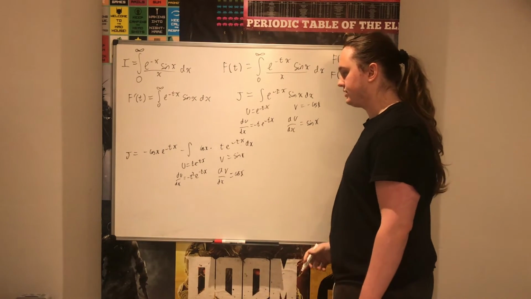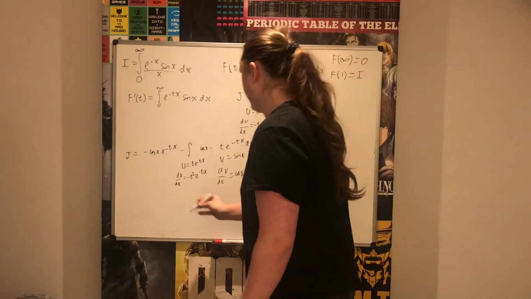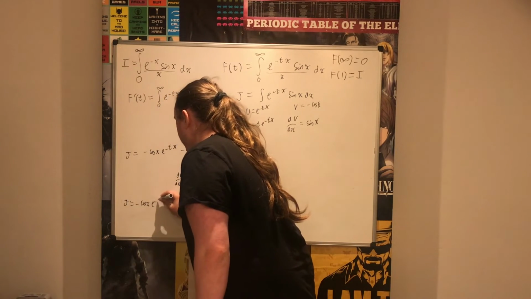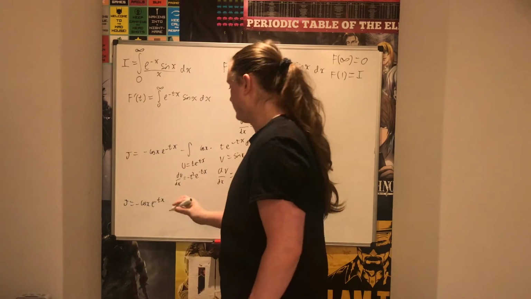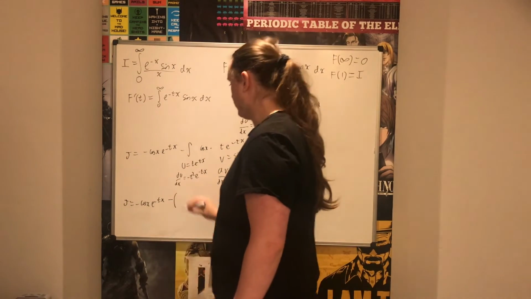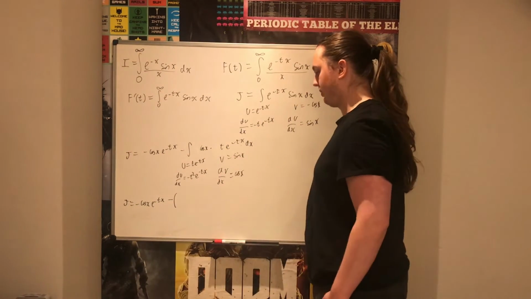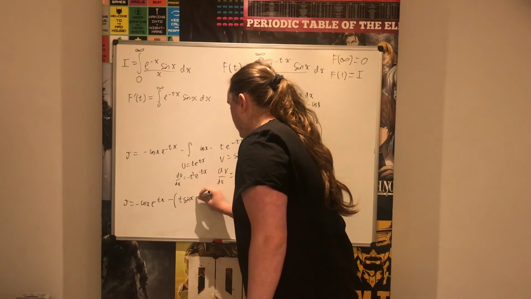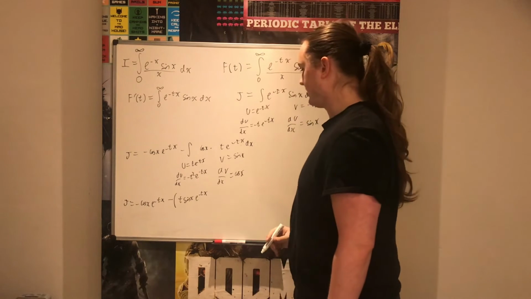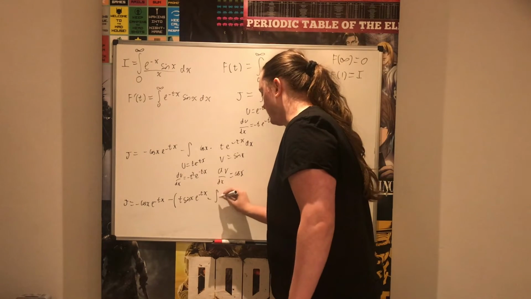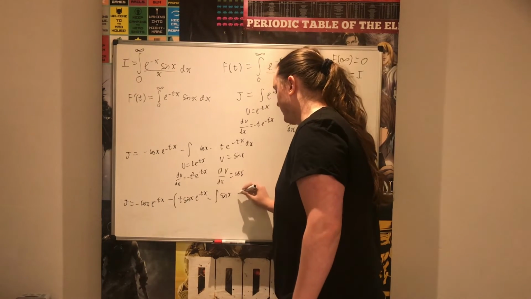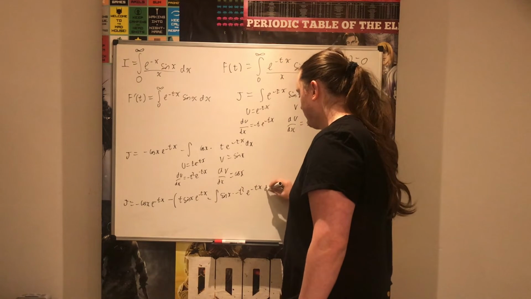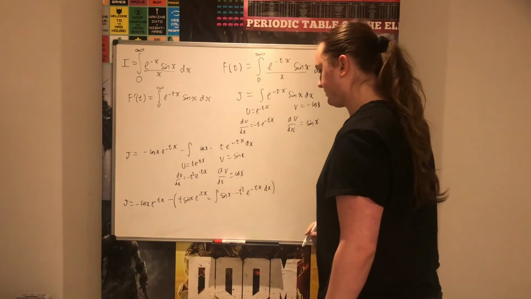So that means J equals minus cos x e to the minus tx for this, minus, using integration by parts on this integral, we have t sine x e to the minus tx, subtract the integral of sine x times minus t squared e to the minus tx with respect to x.